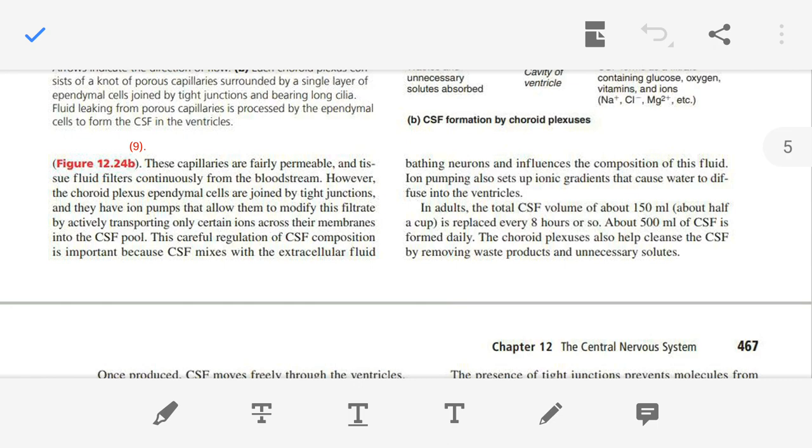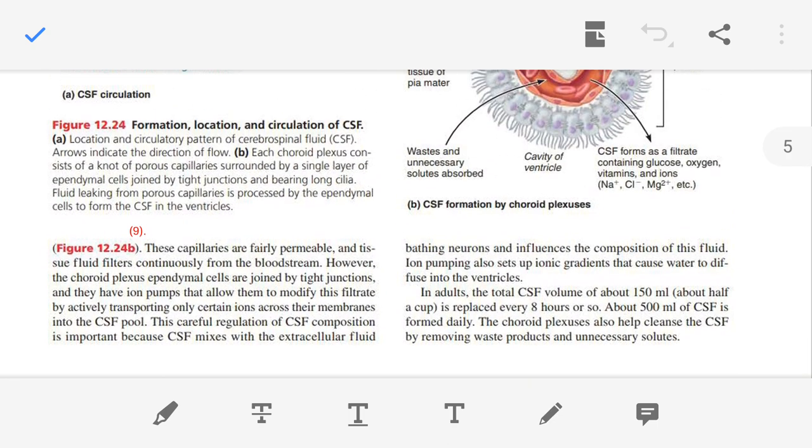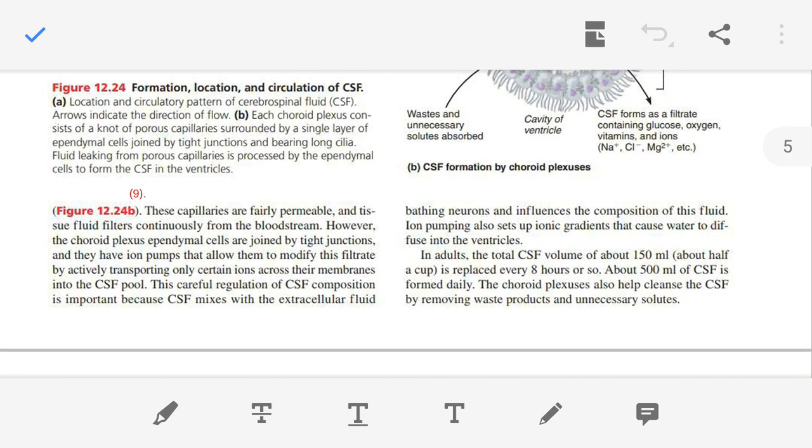So in short, between the ependymal cells, tight junctions are present. In the plasma membrane, ion channels or ion pumps are present. These ion channels or pumps are transporting ions, and this is the active transport process. ATP energy is utilized.